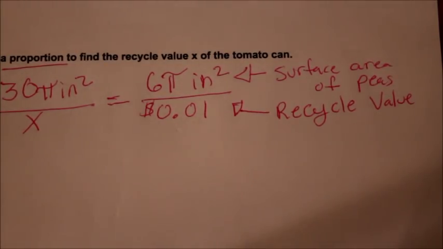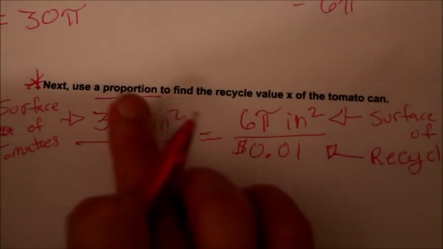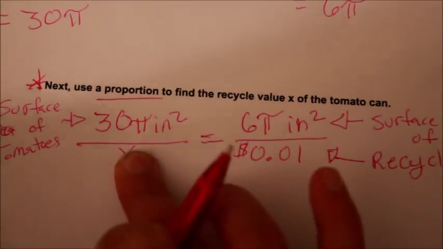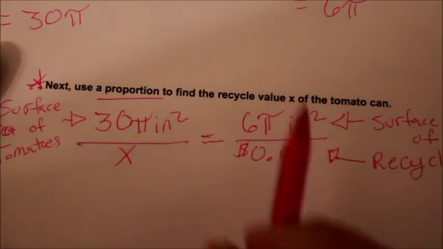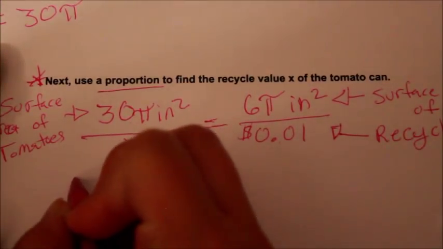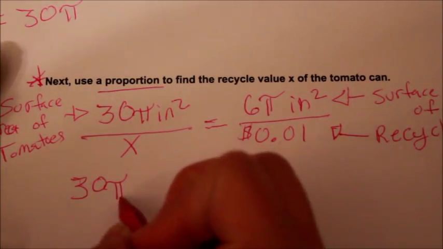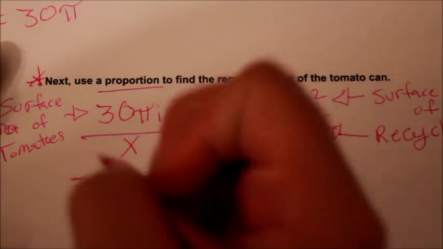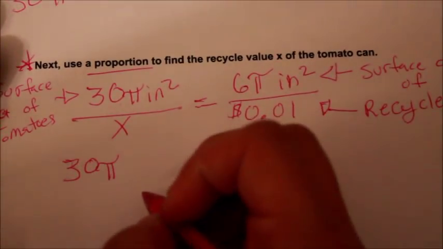So now we're going to use the cross products property. Remember that says I can multiply this by this and this by this. So if I take my first numerator and multiply it by the second denominator, I'm going to have 30 times pi. And because pi is an approximation, we're going to leave pi in there until the very end so that we can get as close as possible.